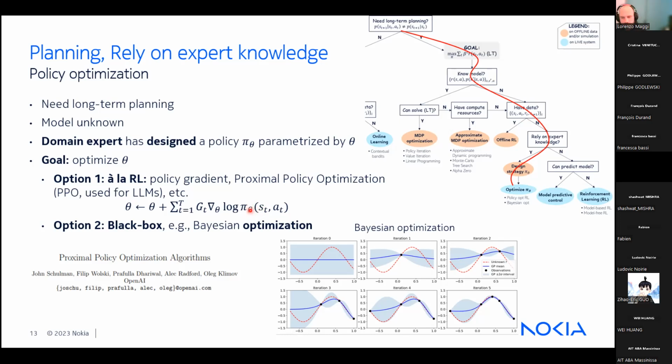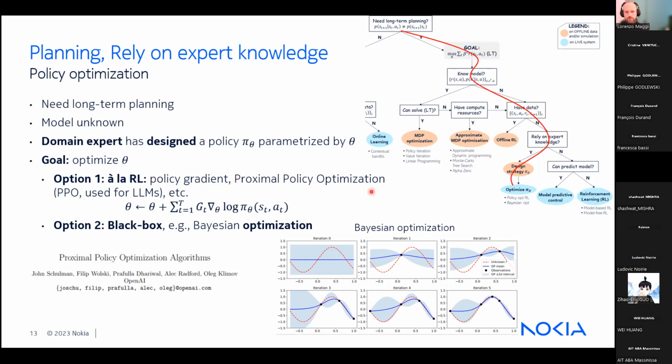You basically have two main options. At least this is still subjective, but this is what I think. The first option is a la reinforcement learning. You treat it as a reinforcement learning problem where someone gives you a policy and you want to optimize its parameters, usually via policy gradient, or more recently proximal policy optimization, which is in the same family of policy gradient.